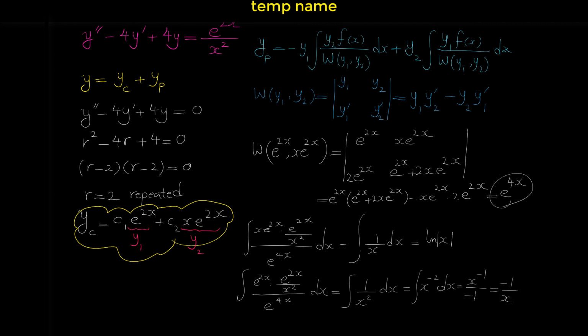Now that we calculated the integrals, we can find the particular solution. The particular solution equals negative y1, negative e to the 2x, times the integral. The first integral is ln of x, so times ln of x, or ln of the absolute value of x, plus y2.